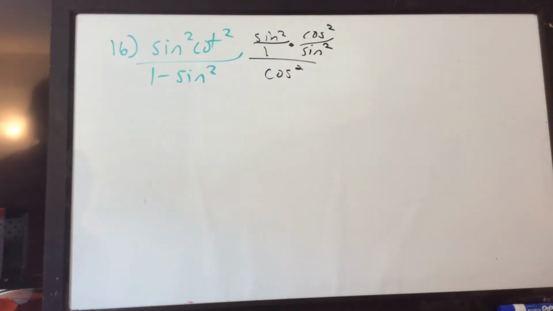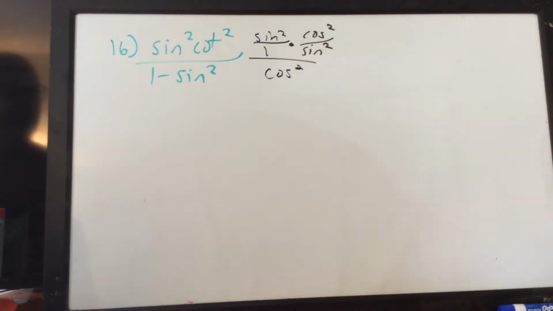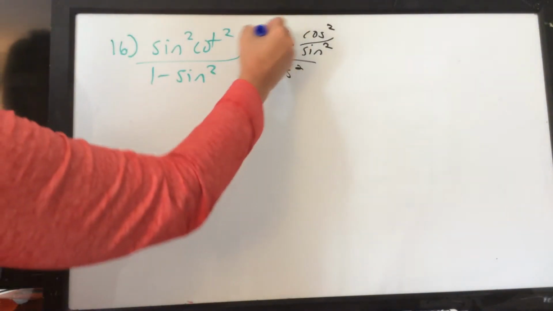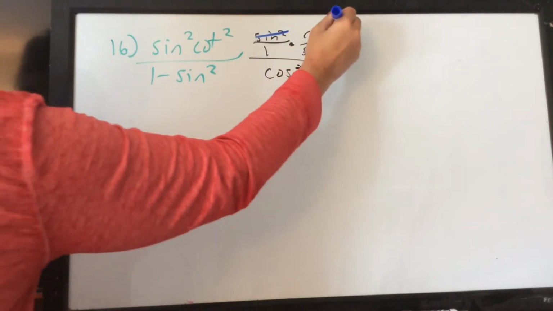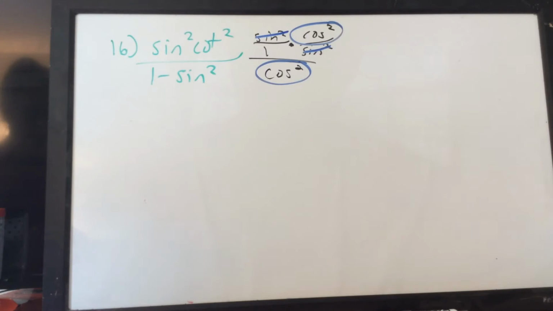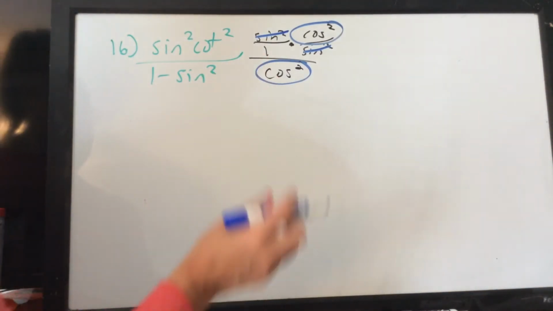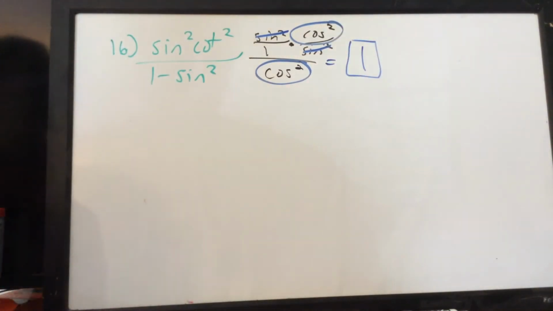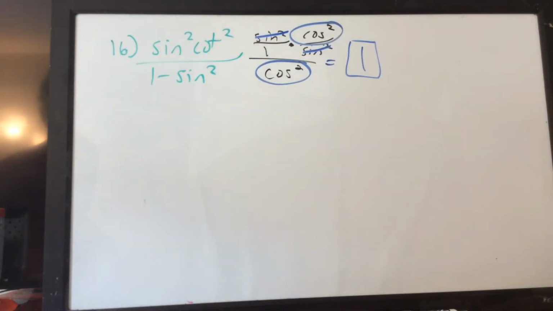So I'm going to look at my top. What can cancel? Sine squareds can cancel, so all you've got is cosine squared over cosine squared. And again, some of you are still writing 0. Do not write 0. That is 1.